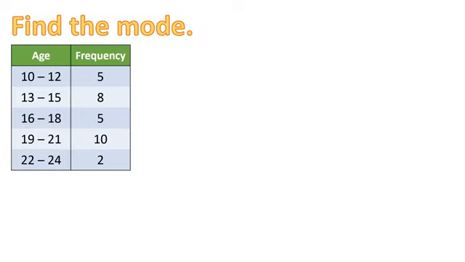While in this group data, it's gonna be harder because you don't know what is the most repeating number because it is grouped from 10 to 12, 13 to 15, 16 to 18, 19 to 21, and 22 to 24. And you don't know which of these ages is the most repeating, even though you know that most of them are from 19 to 21, but still you don't know which of these three is the most repeating age.